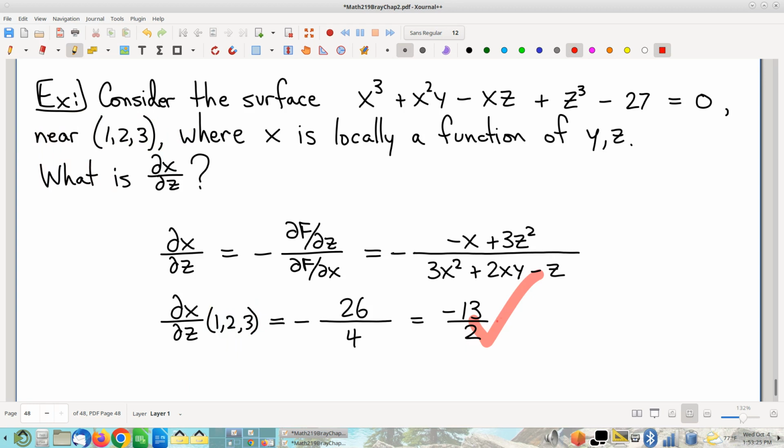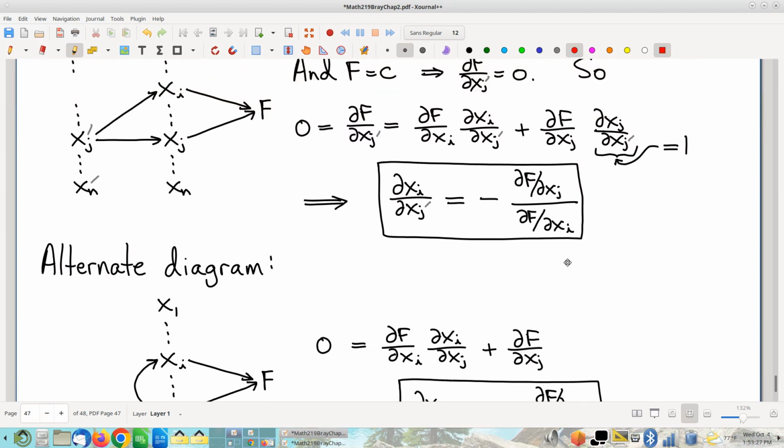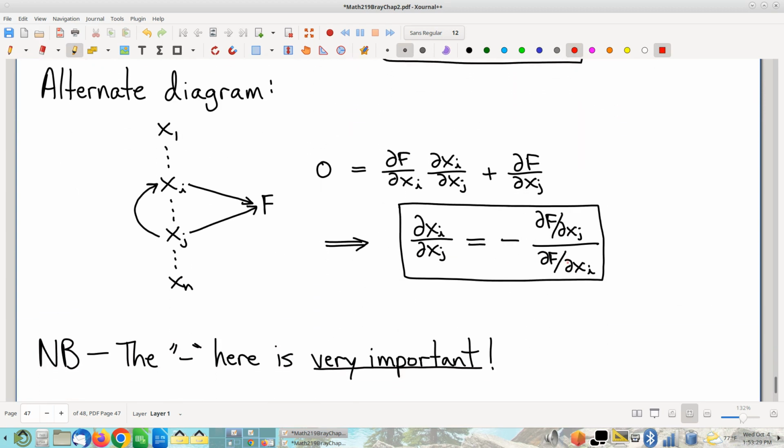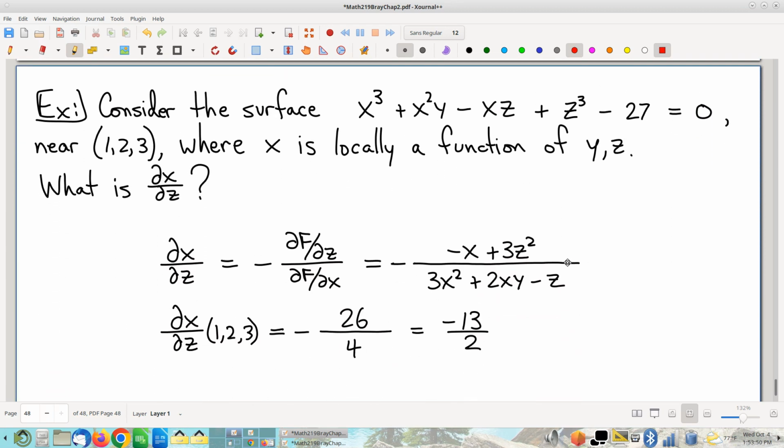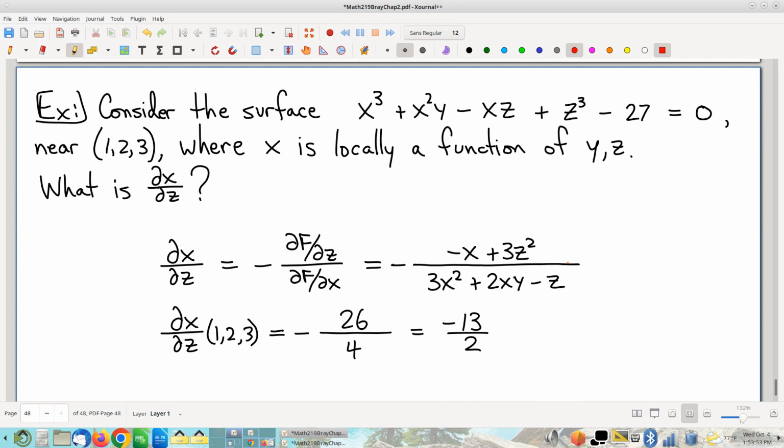Let's talk about how to remember this formula. There is something awkward about this formula and the setup of these kinds of questions in general. When you're talking about an implicit differentiation problem, it assumes that there are certain variables that are involved. Here, in this picture, the variables were called x1 through xn. In this example that I just did, that's not what the variables were called. They were called x, y, and z, right?